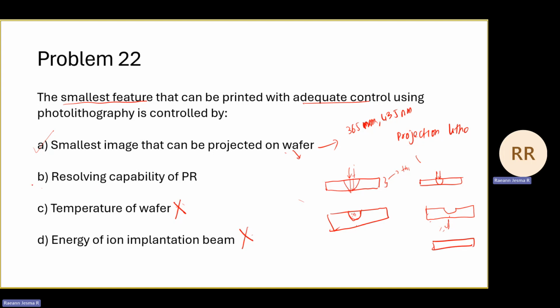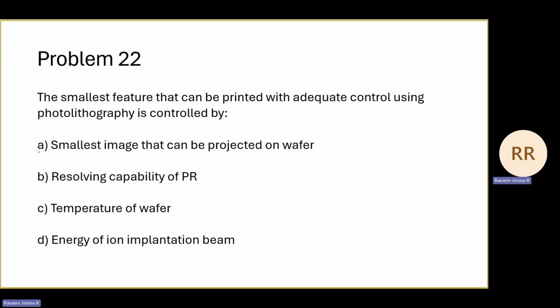Okay. So for problem 22, the answer is option A, smallest image that can be projected on wafer, and B, resolving capability of PR. This can be controlled by using different PR.